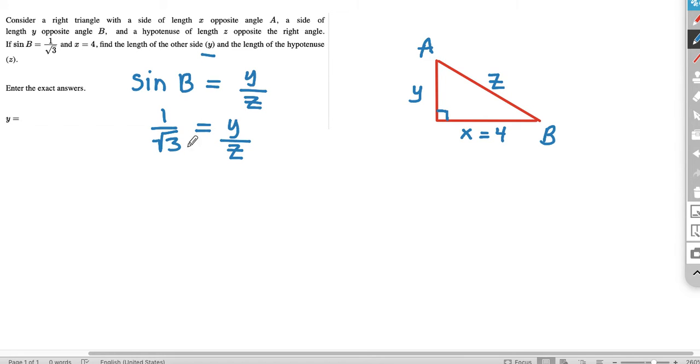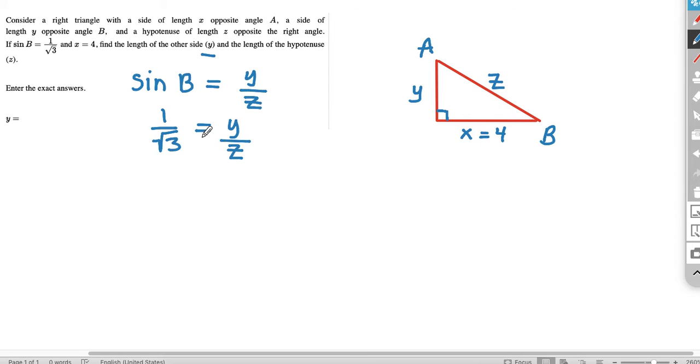And then what I'm going to do is we can go ahead and use Pythagorean theorem if we just have one variable. So let's go ahead and solve for z, or I could solve for y. Why don't we solve for y?